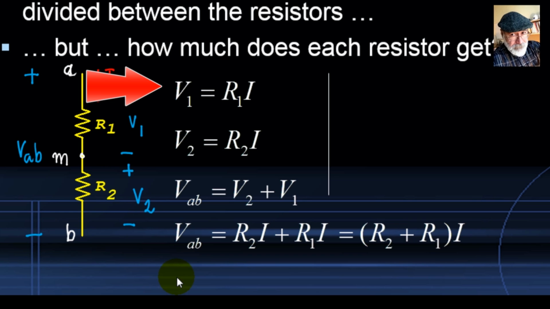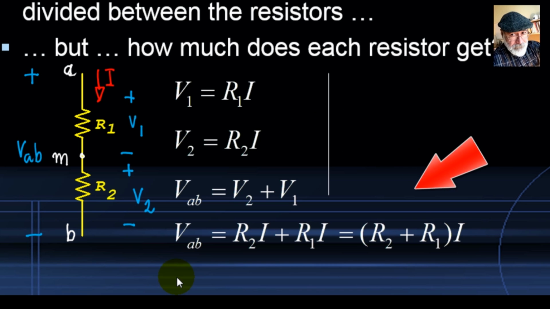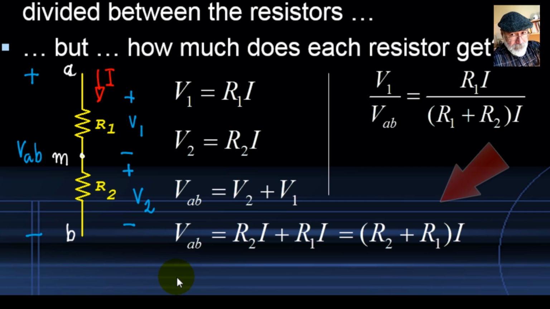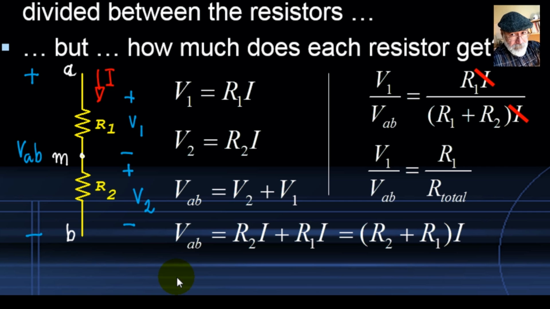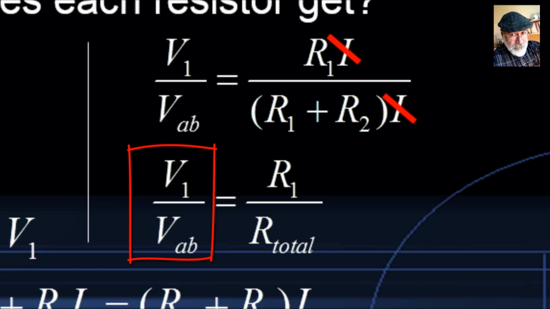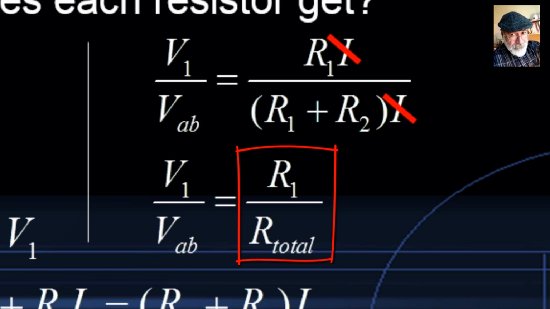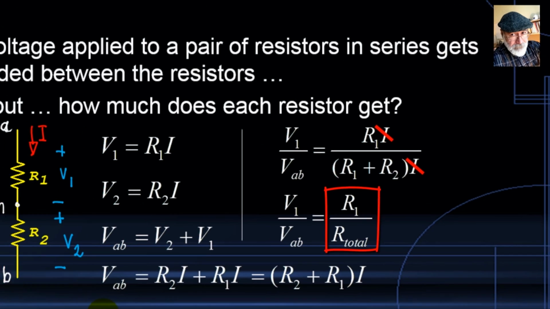Well, you say it's easy. Divide the first expression, V1 is equal to R1 times I, by the expression for VAB. Divide them. So you can cancel out the current and get that V1 is the same percent of the total voltage VAB that R1 is of the total resistance R1 plus R2.